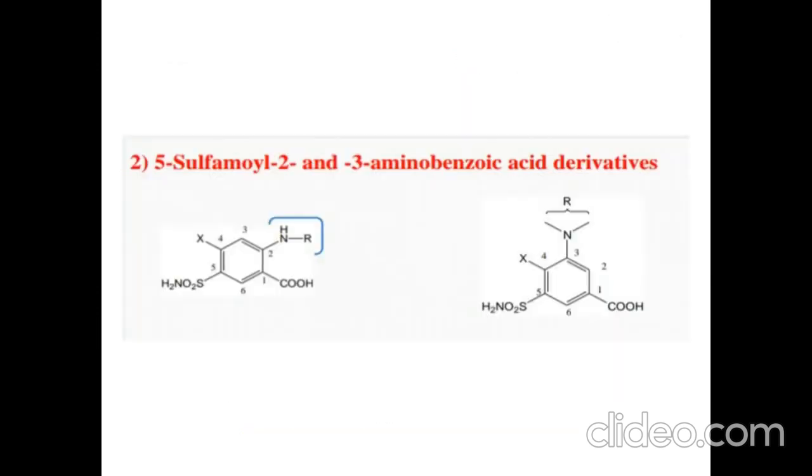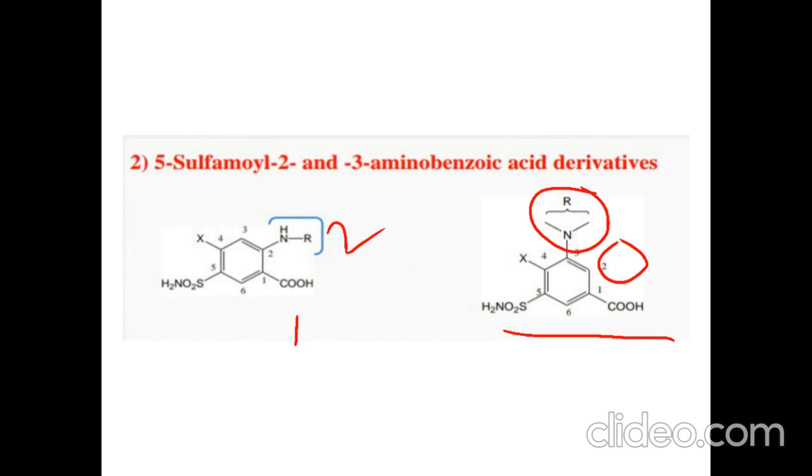Now, in the same way, 5-sulfamyl anthranilic acid is present. At the first position, COOH is present, and at the second position, an amine group or substituted amine is present. Here in the second structure, there is no amine group at the second position, but at the third position there is an amine group.